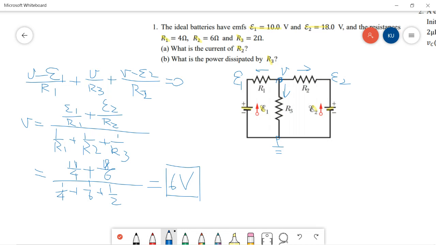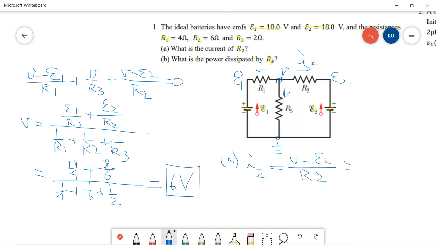But actually, after we know the voltage, we can calculate any current we like. So for part A, we would like to calculate the current going through R2. So we may call it I2. So I2 is nothing but V minus E2 over R2.